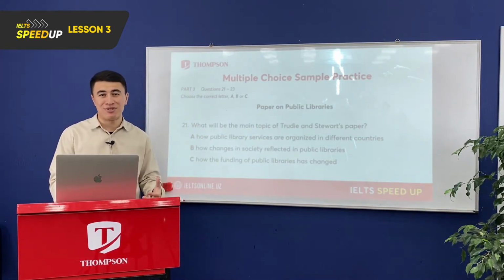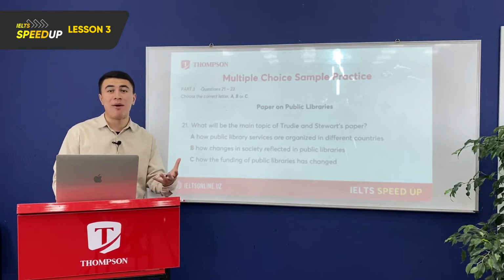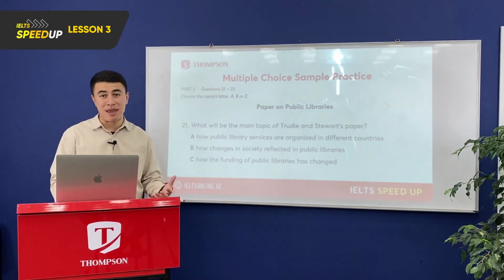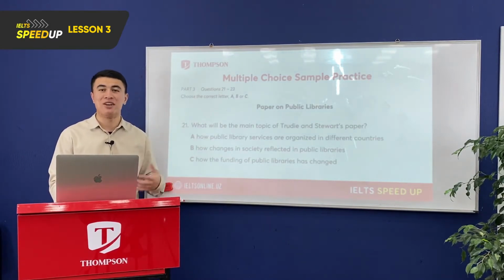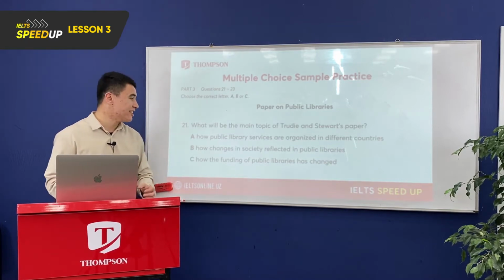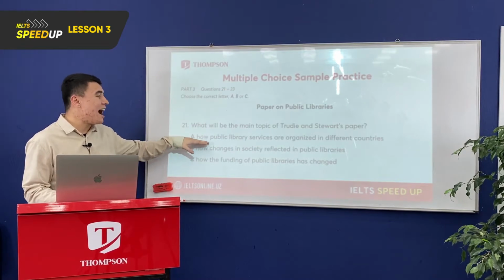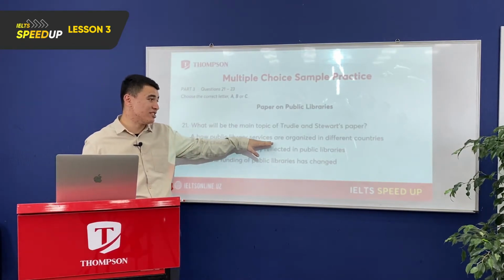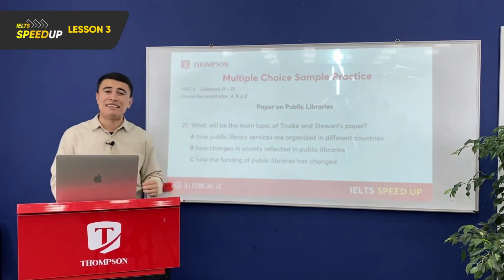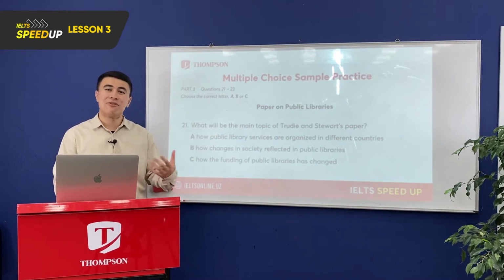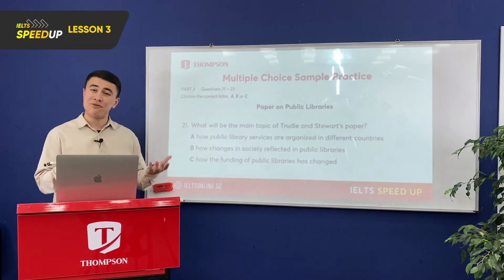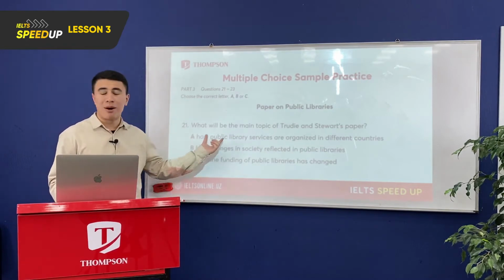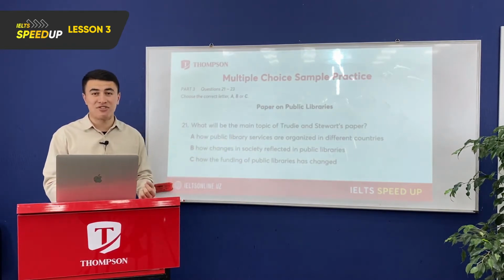So you have to identify the topic, title of the papers that they are going to write for their university or college project. So option A, how public library services are organized in different countries. If these students decide focusing on the differences of public libraries in different countries, you will choose option A.